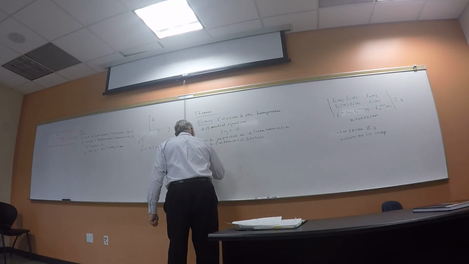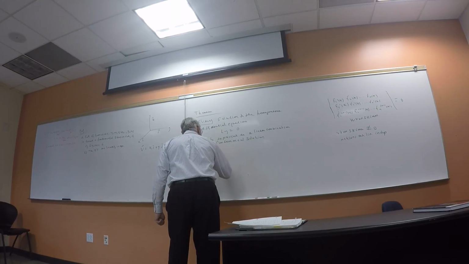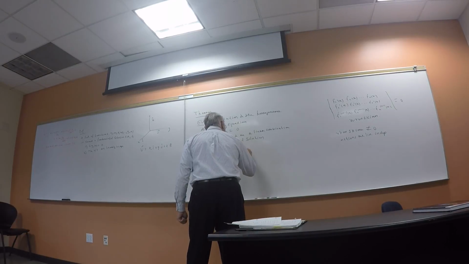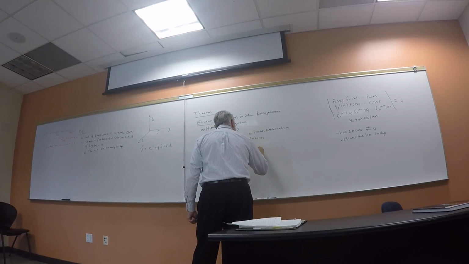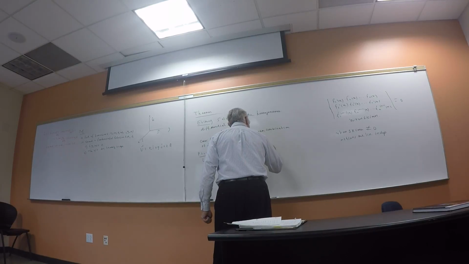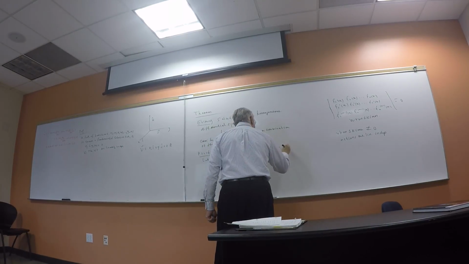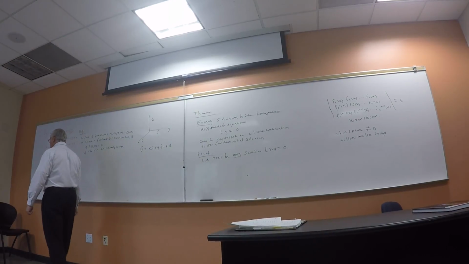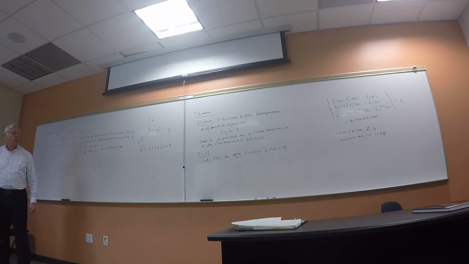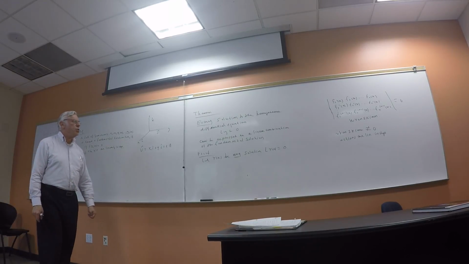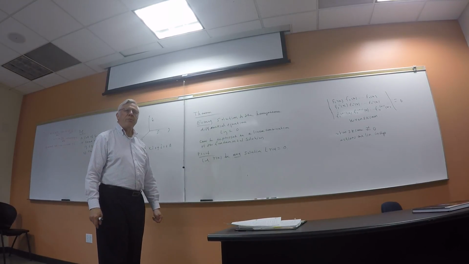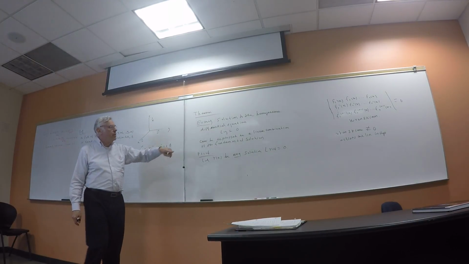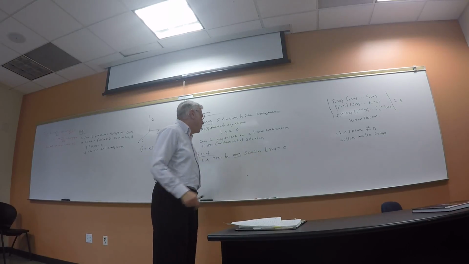So let capital Y of x be any solution to the homogeneous equation, which is what? L operating on big Y of x is equal to 0. Okay, so it gives you this big Y of x. You verify, yeah, it's a solution to the homogeneous equation. Okay. If this theorem is true, then I should be able to find coefficients, C1, C2, Cn, so that this big Y of x is a linear combination of those.